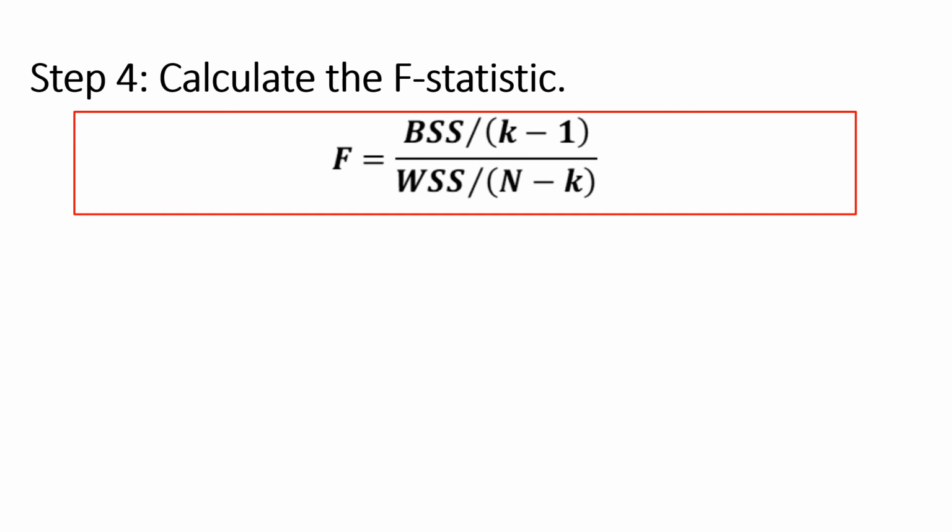So we've just taken about 30 minutes to calculate the BSS and the WSS. The BSS, if I remember correctly, was something like 1,605 point, I'm just going to use 33, divided by k minus 1. k is the number of groups that we have, so 3 minus 1.